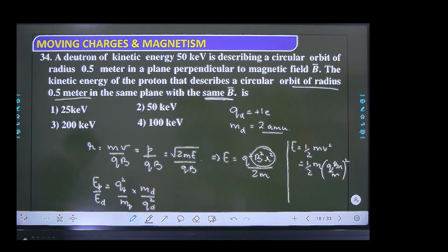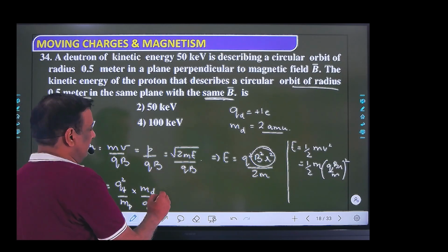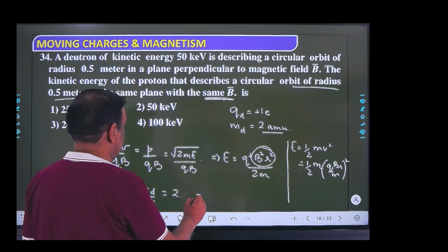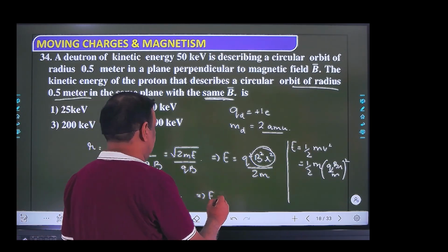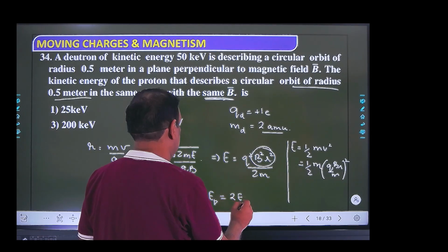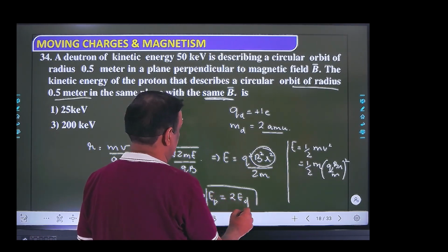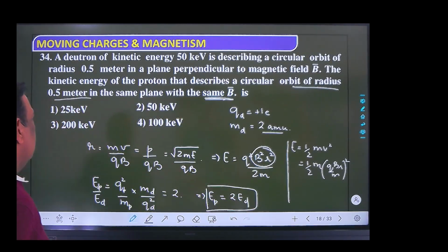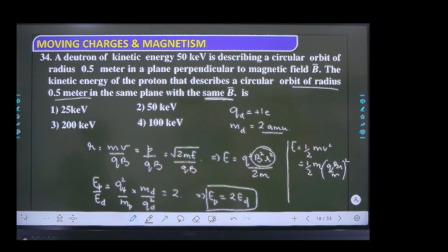Charges भी same हैं, that means mass पे depend कर रहा है. md by mp. So energy of proton is twice the energy, so it will be 100. So अगर 50 है तो इसकी 100 आ जाएगी. क्लियर है ये?